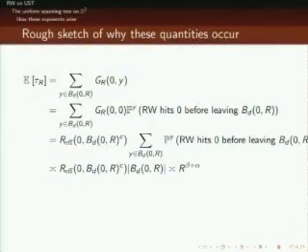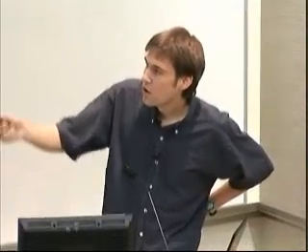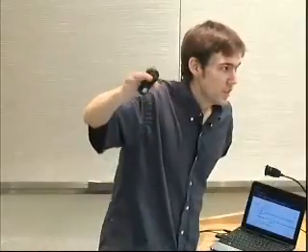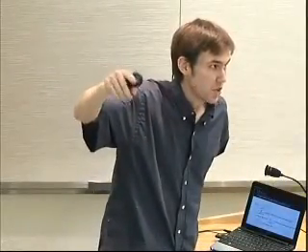So how does knowing volume growth and effective resistance growth tell you things about your random walk? Again, I'm being very informal here. But if we want to look at this quantity, the expected amount of time it takes to leave the ball of radius r, well, this is the same thing. So this G_r(0,y) is the Green's function in the ball of radius r.